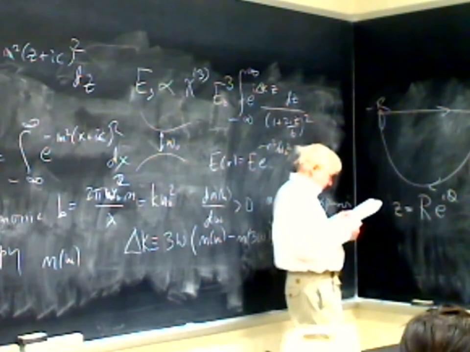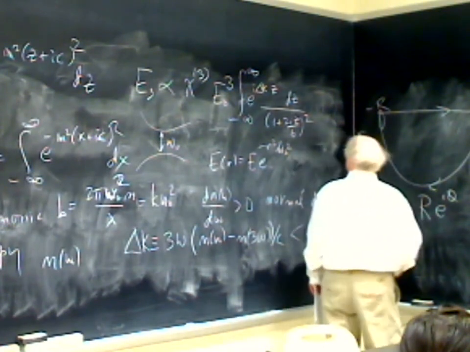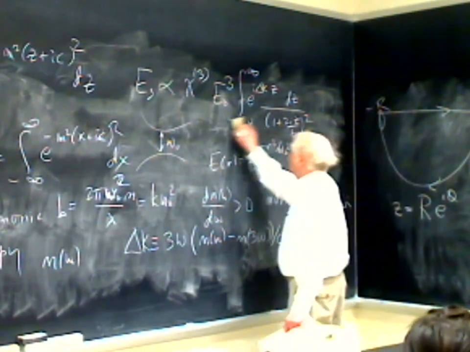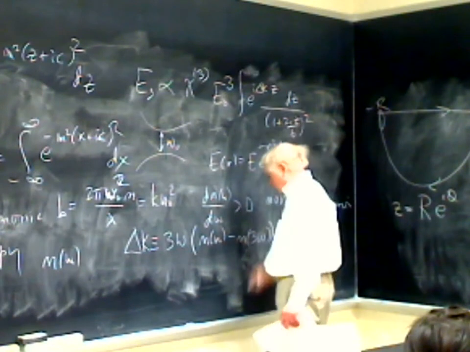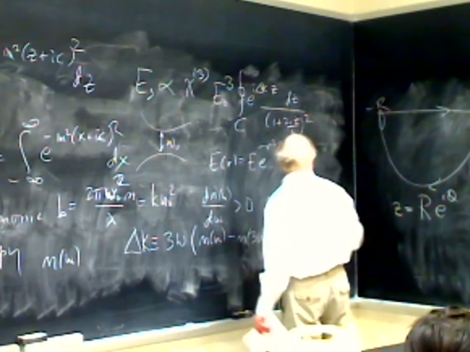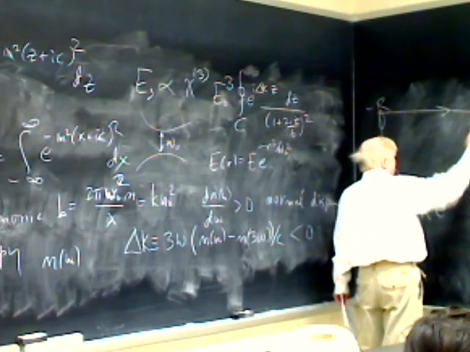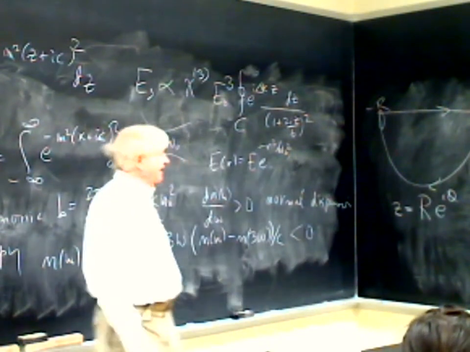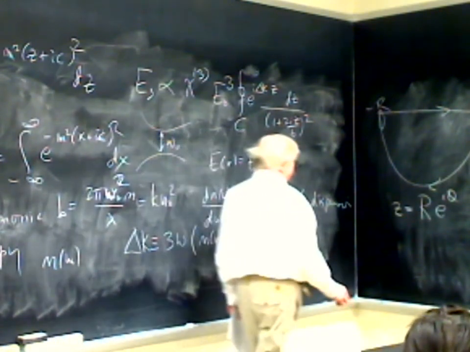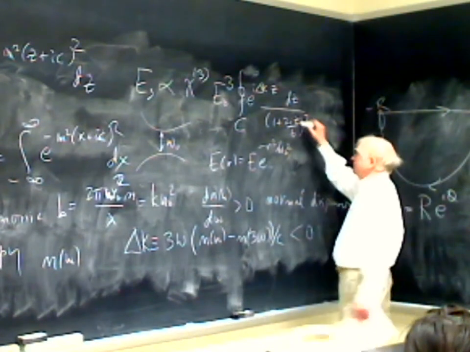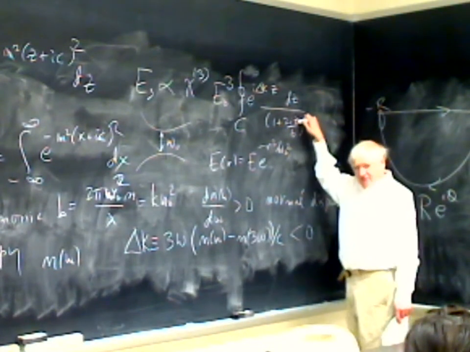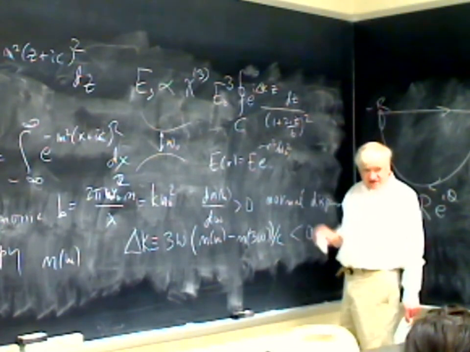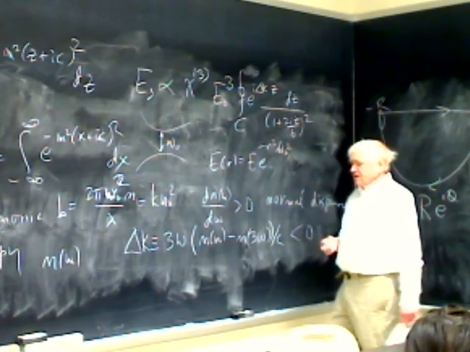All right, so the upshot is that this integral is the same thing as the integral around this total contour, which is now a closed contour along the real axis and down through the lower half plane. And then what do we find? Well, are there any singularities here? No, the only singularity is in the upper half plane, because when z has a positive imaginary part, then you get this thing to cancel.